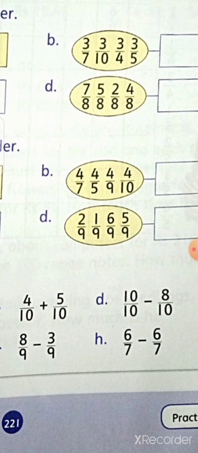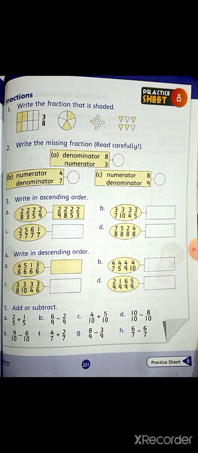Descending order means greatest to smaller. 4 over 5 is greater than 4 over 7, 4 over 9 in the last, 4 over 10 is the smallest one. In the same way, you will do C and D part. You will do this question number 4 on your book.